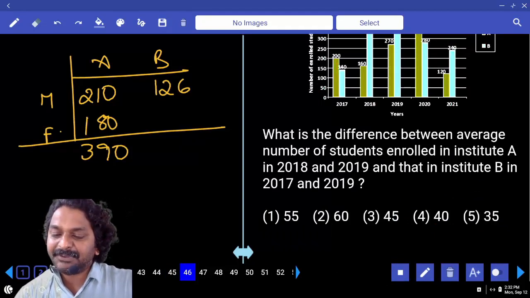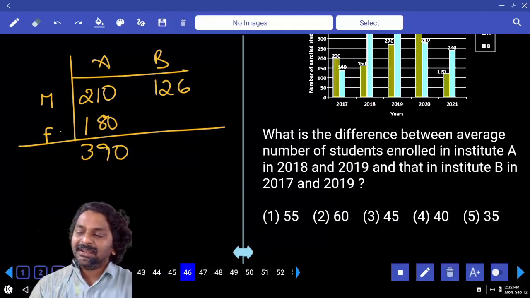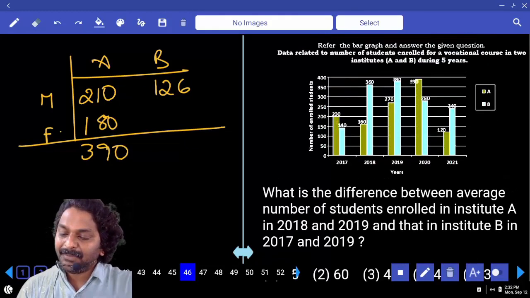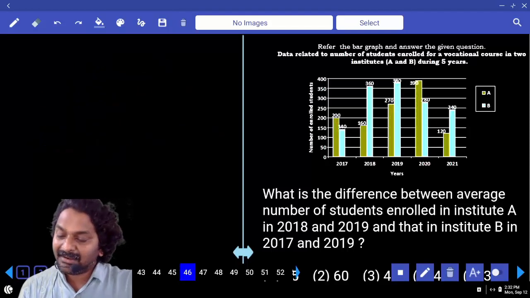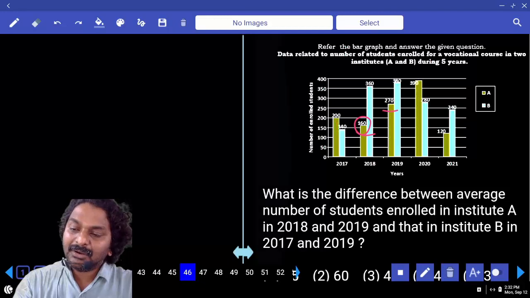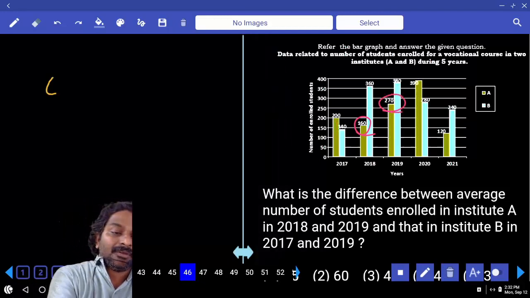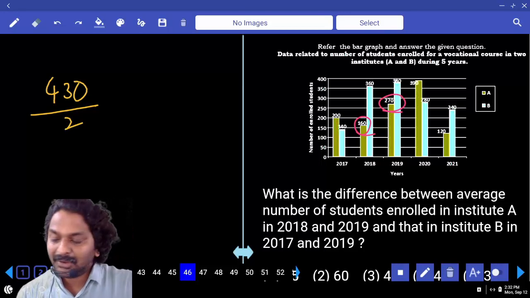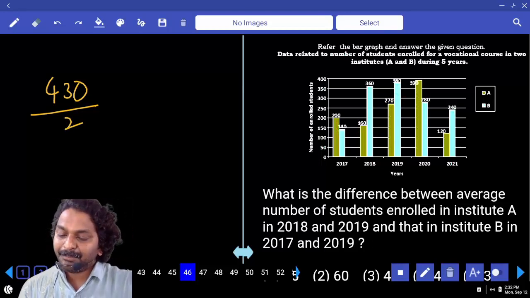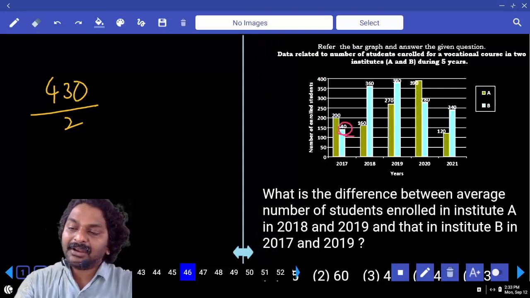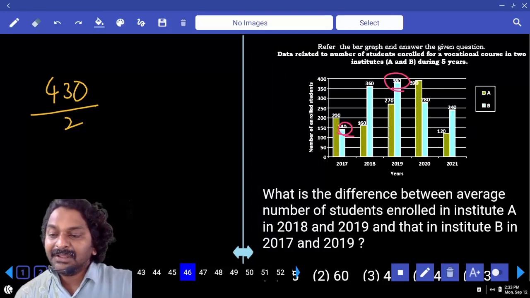What is the difference between the average number of students enrolled in institutes A in 2018 and 19 and B in 2017 and 19? A in 2018 and 19. A 2018, 160. 2019, 270. Total. Average in the sense by 2 only. Don't calculate, just write the number. B in 2017 and 19. 2017 B value 140 and then 2019 380.